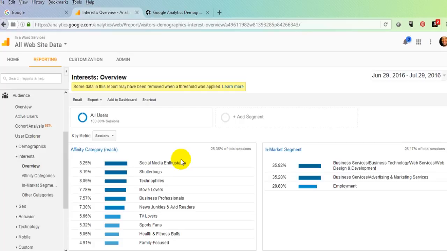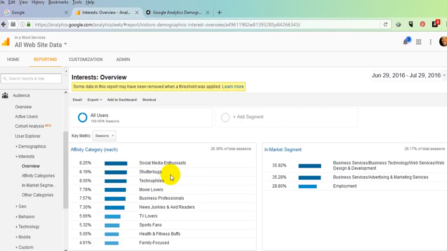Visuals make it a lot more interesting and it stands out. You have to catch people's attention, and the way to do that is to give them visually appealing graphics or pictures, or something great to look at that ties into your topic. So shutterbugs, love it.